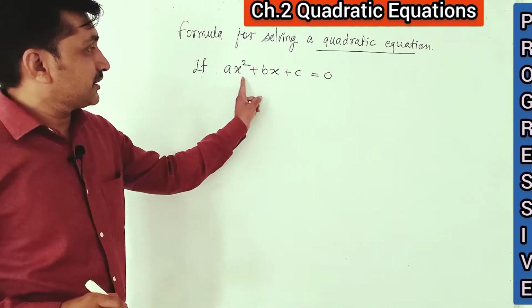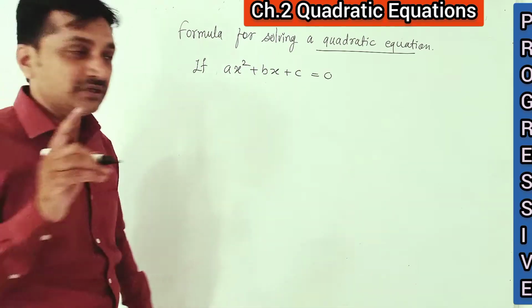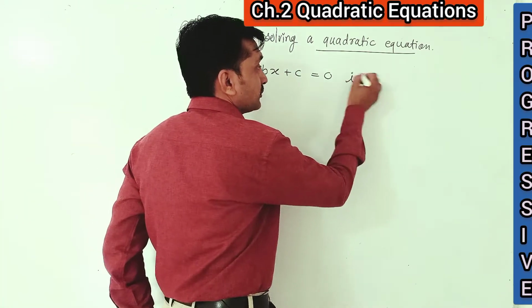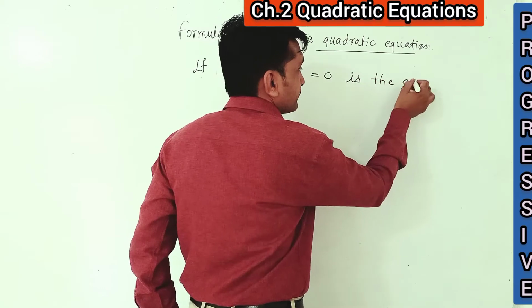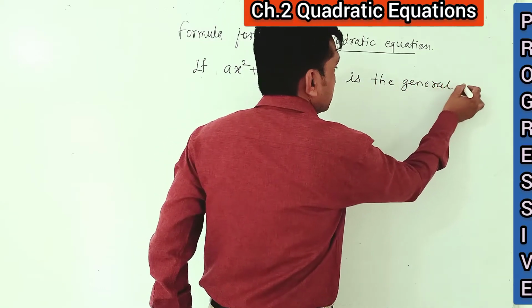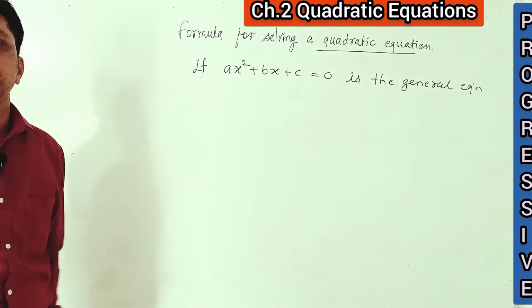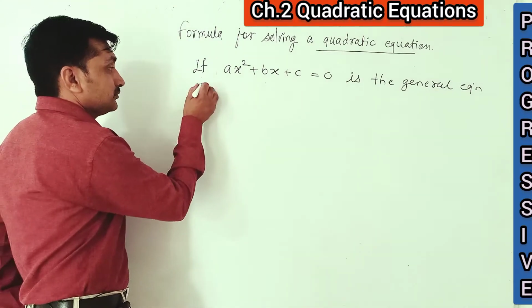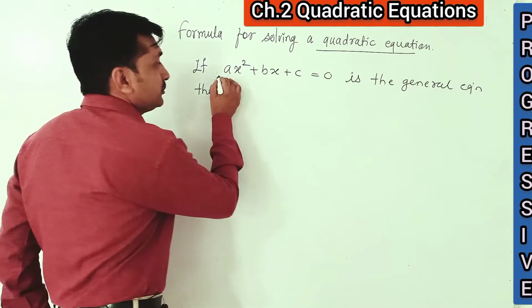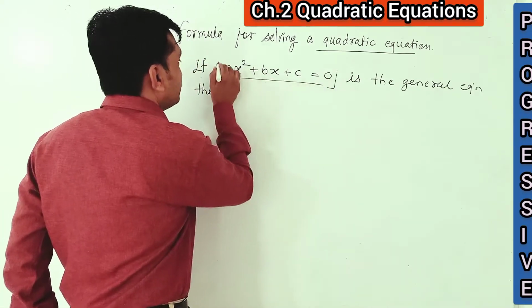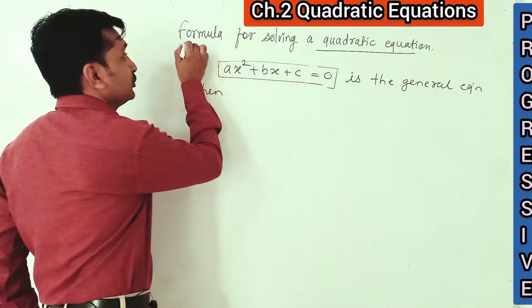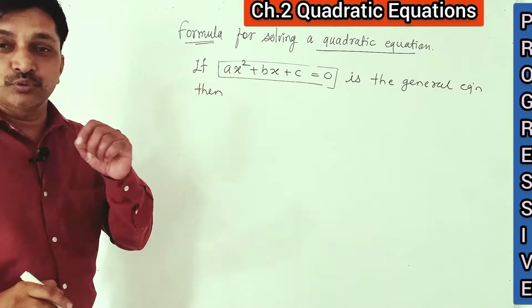If ax square plus bx plus c is equal to 0 is the standard form, the general equation of quadratic form, then if we want factors of that by formula, one formula is given.